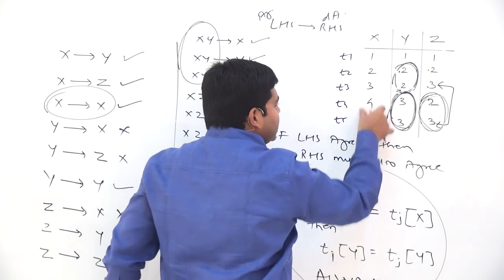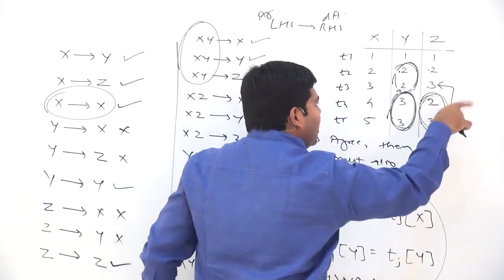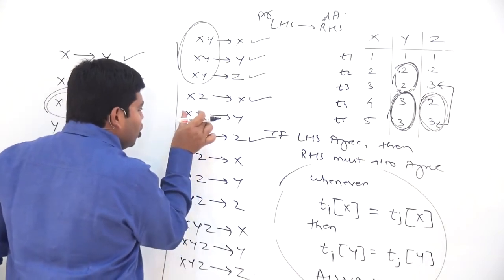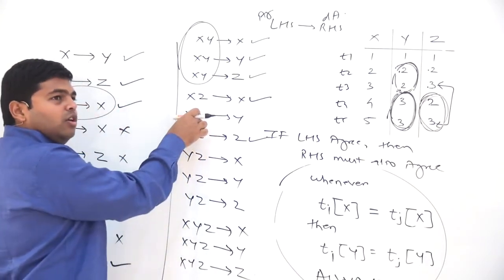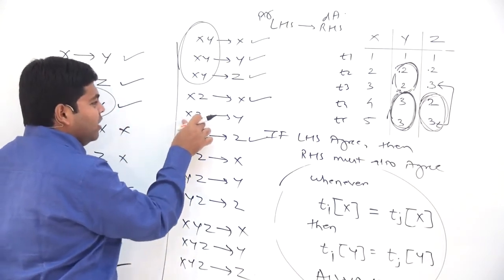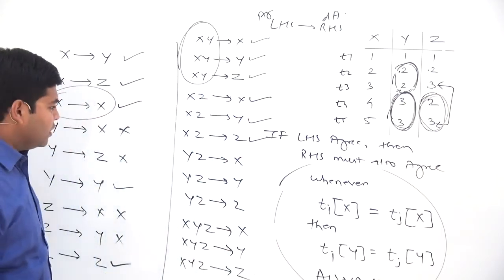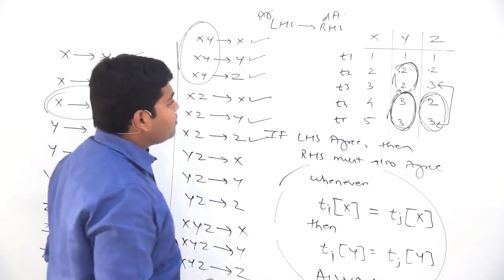Here all x are different, therefore all xz will also be different. There is no agreement on the left hand side, therefore the rule is satisfied, and the FD becomes a valid one. Similarly, we will check yz.